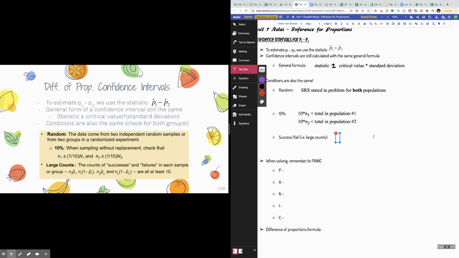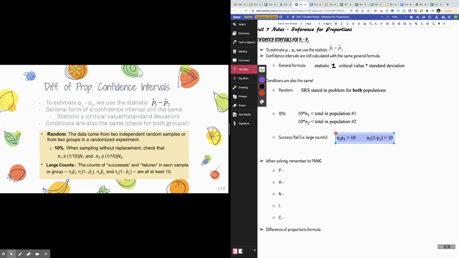But remember, when we're doing a confidence interval, we don't know P1 and P2. We don't know them, right? That's the point. So because we don't know them, we have to estimate using our p hat values. So what we have here is n1 times p hat 1 has to be greater than 10, and n1 times 1 minus p hat 1 has to be greater than 10.